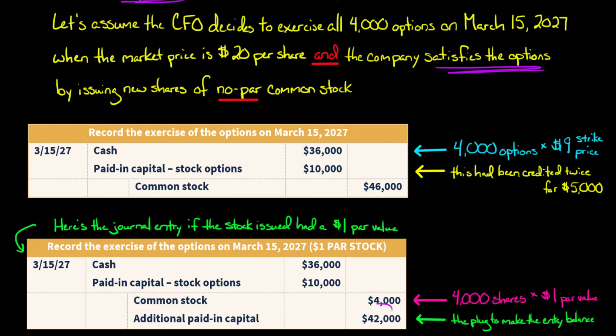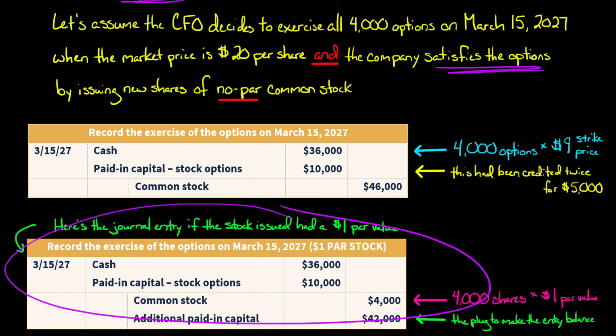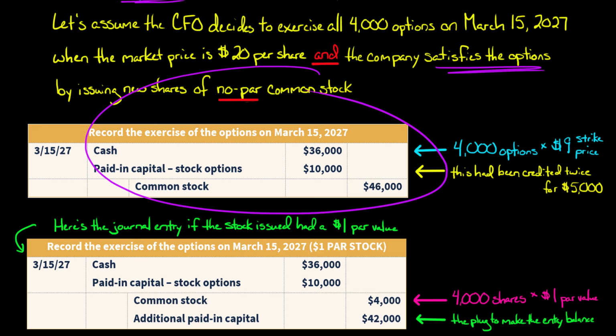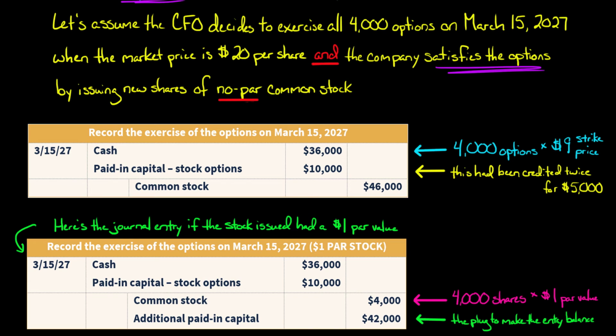So basically, additional paid-in capital is the plug. I hope you understand. This is just a hypothetical scenario. If they exercise the options and we had $1 par value, and here this scenario was what if it was no par common stock. But in each case, I'm giving you the journal entry for if the CFO were to exercise all 4,000 of the options.